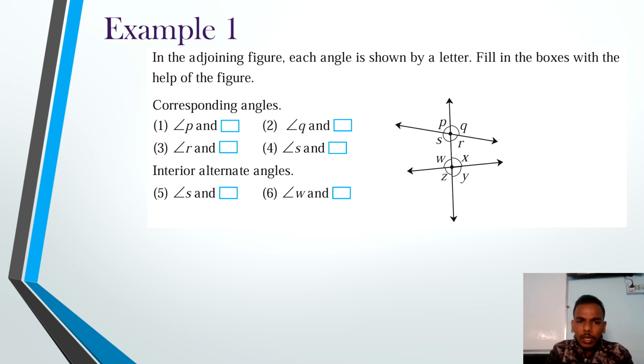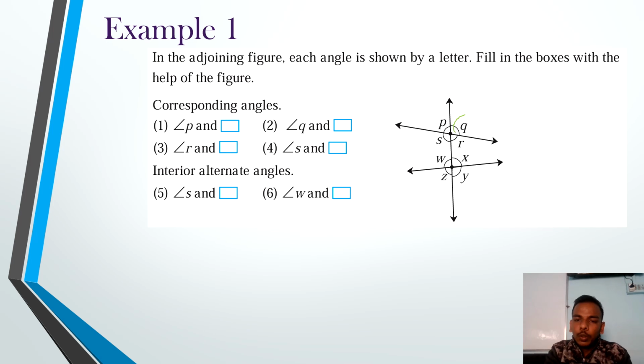Angle P, which will be the corresponding angle to angle P? Same as angle P, there will be an angle on your second line, which is your angle W. So your angle W is your corresponding angle to P. Similarly, which will be the angle corresponding to your Q?